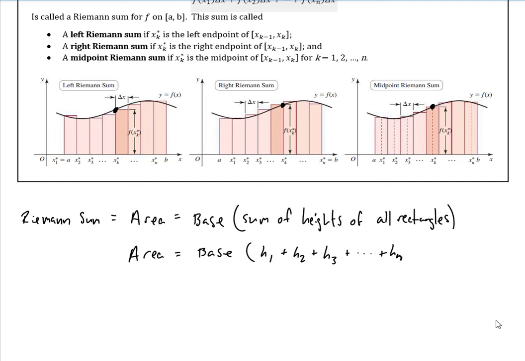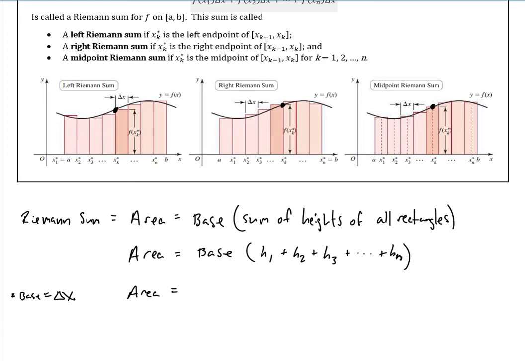So the n is the number of rectangles they usually want us to use. It looks a little strange, but h n. So if they said use 7 rectangles, we would go 1, 2, 3, 4, 5, 6, all the way to 7 heights. And what they also usually do for the base, the base is often set to be equal to delta x.